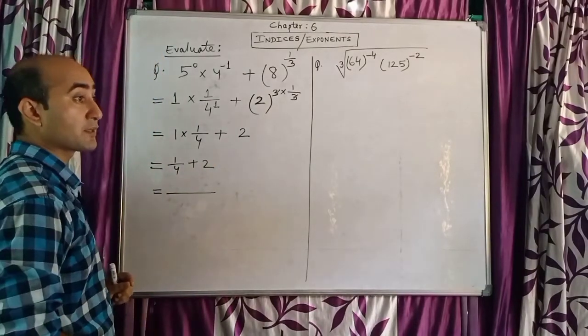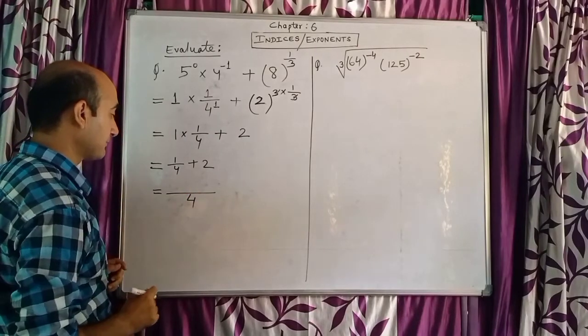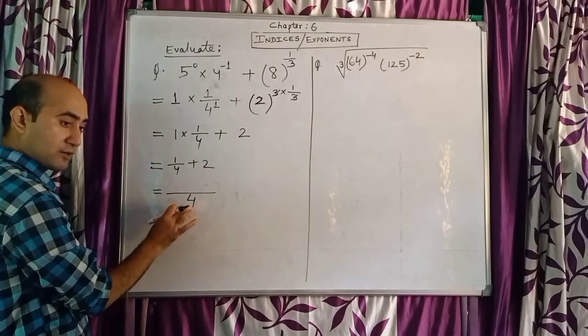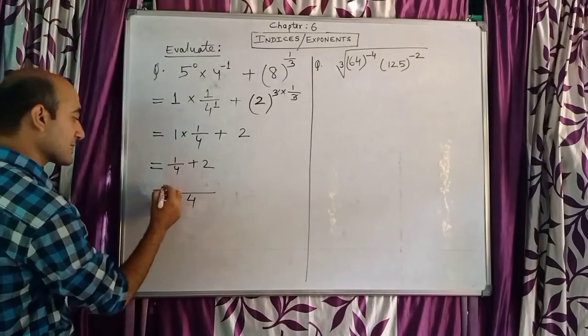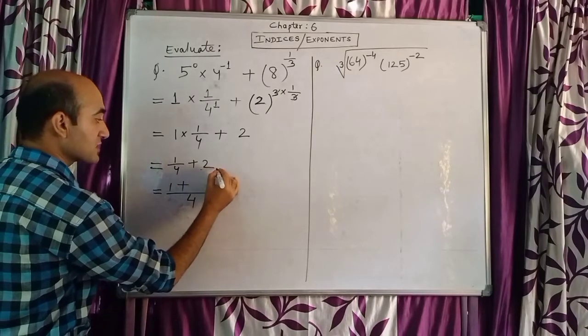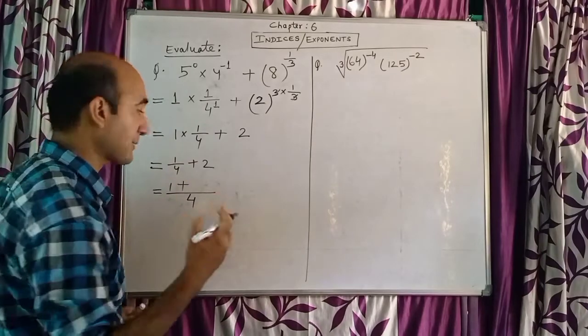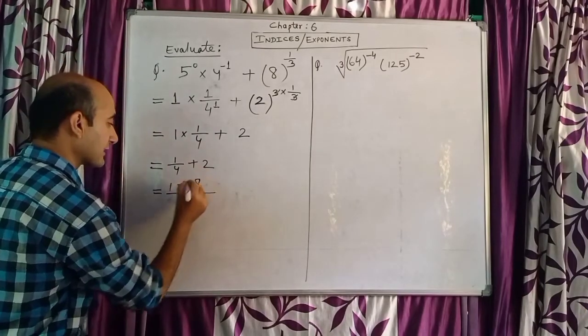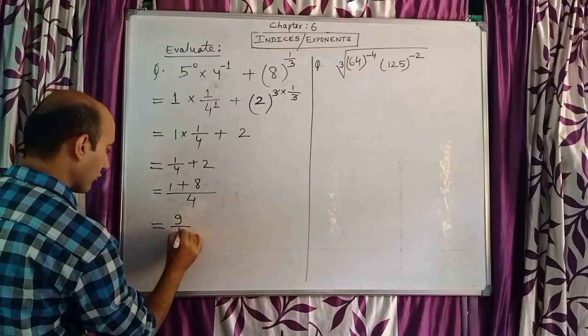In that case, because of this fraction, you have to add by doing LCM. So 4 ones are 4. 1 one is 1. Below this there is actually 1. So 1 times 4 is 4, 4 times 2 is 8. So 1 plus 8, our final result is 9 by 4.